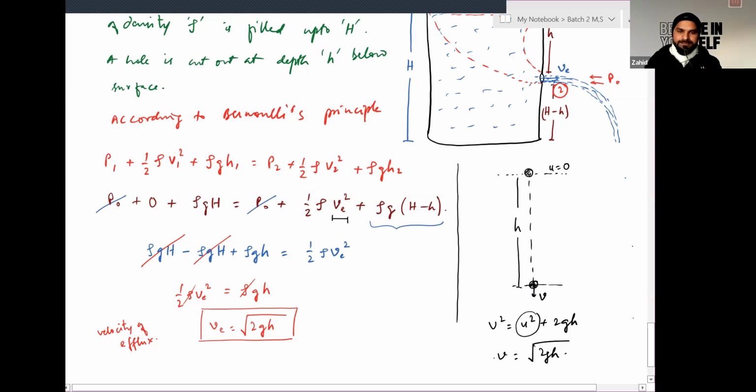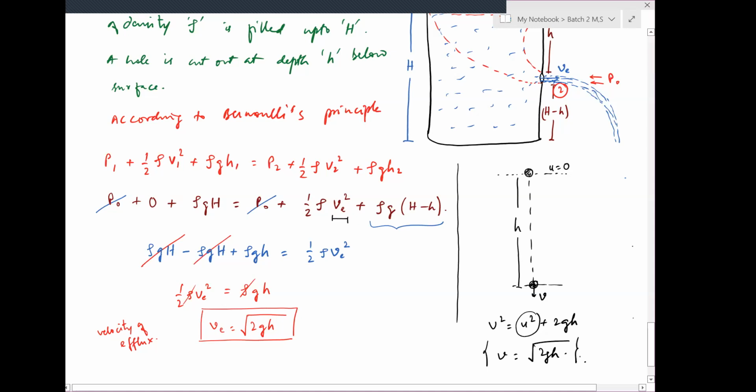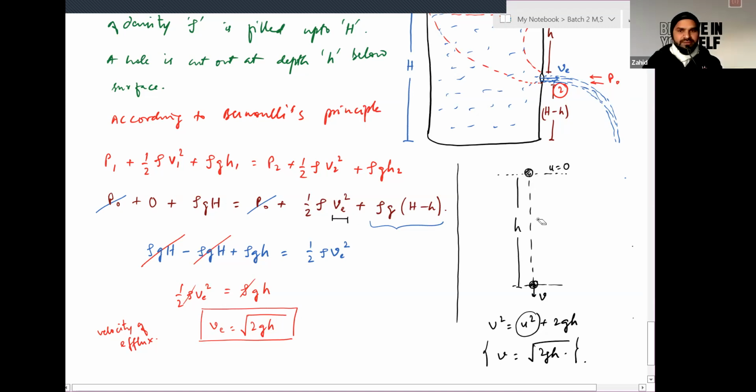Is it clear? Yes, sir. Do you have any doubt? No, sir. Now just compare these two expressions. In this part, I've just assumed a body which is free falling under the effect of gravity. So through height h, it may acquire root under 2gh.